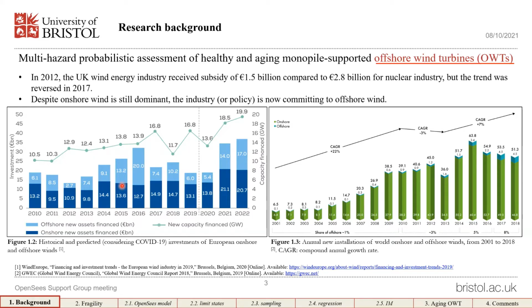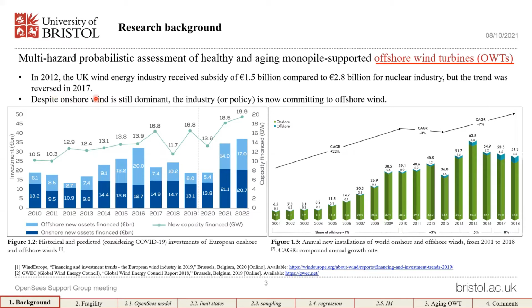You can see that the proportion of offshore wind turbines has been really significant over recent years. On the right-hand side, despite this increased investment in offshore wind, its overall growth in terms of new annual installation is still pretty low. The reason is that offshore wind is currently not as cost effective as, for example, fossil fuels, nuclear power, or even onshore wind.